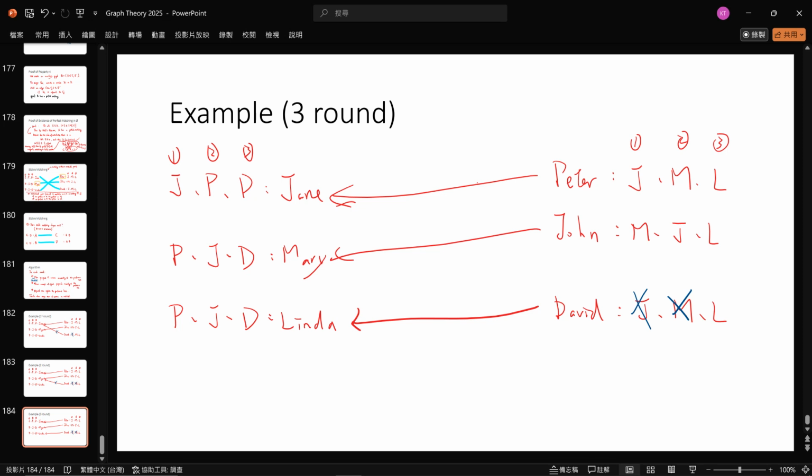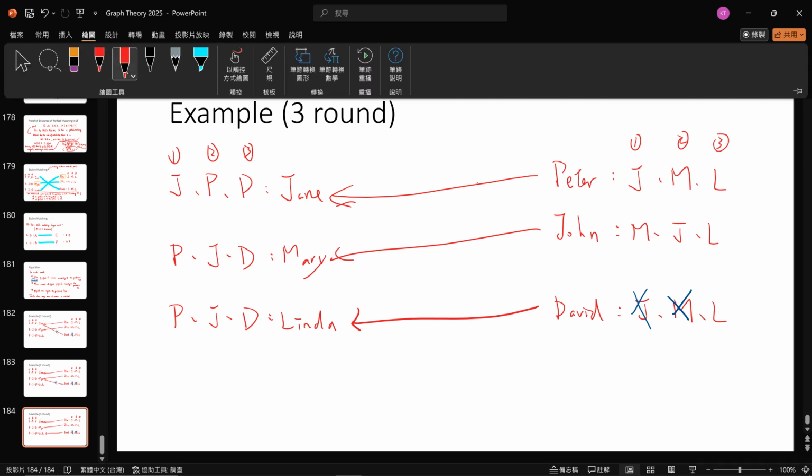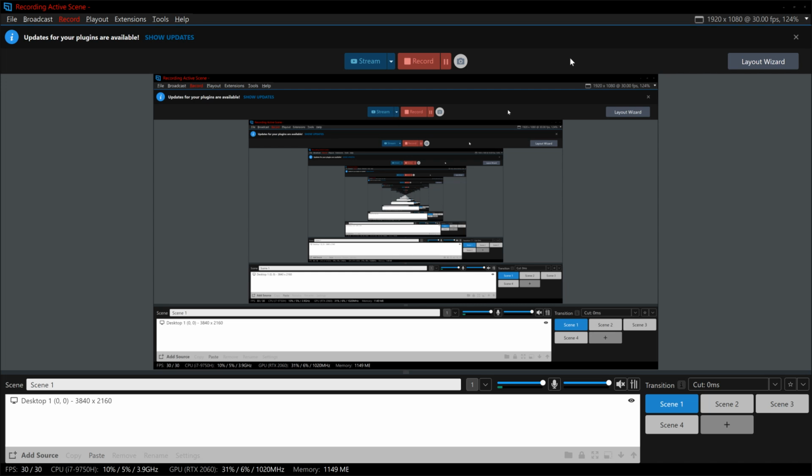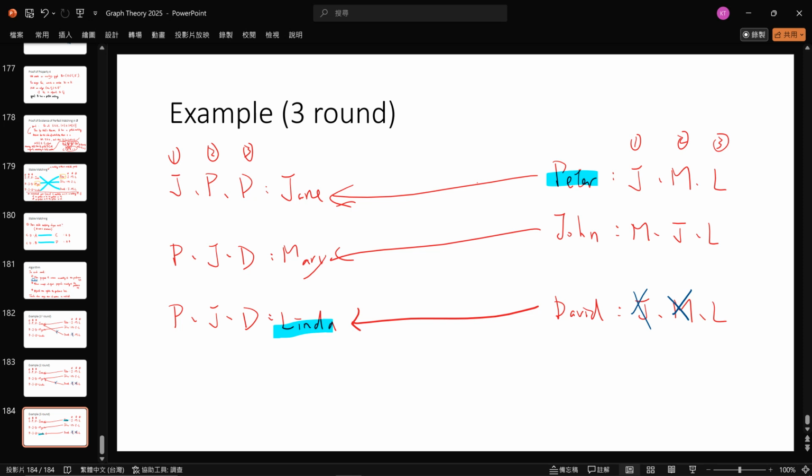Okay, so perhaps we can check some unmatched pair, see if they are really not unstable. So perhaps let's check Linda and Peter. Now from Linda's point of view, Linda's favorite is Peter.